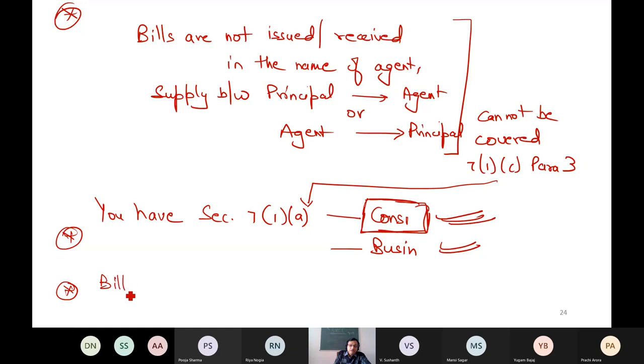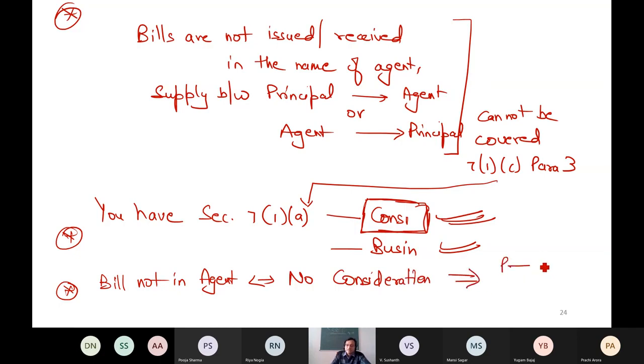Bill not in agent name. Further, no consideration, then you can say that it is not a supply. No consideration, then the decision is anything which is happening between principal agent whether this side, then it is not a supply. Because it is not covered under 7.1c as well as it is not covered under 7.1a.